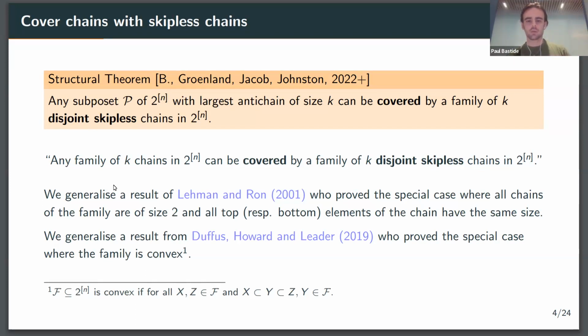What I call a layer in the Boolean lattice is just all the sets that have the same size. So layer t would be all the sets of size t in the Boolean lattice. Okay. And then Duffus, Howard, and Leader proved later another special case when the family is convex. We won't go into detail of what convex is, but just to mention that there have already been some studies of this kind of structural theorem.